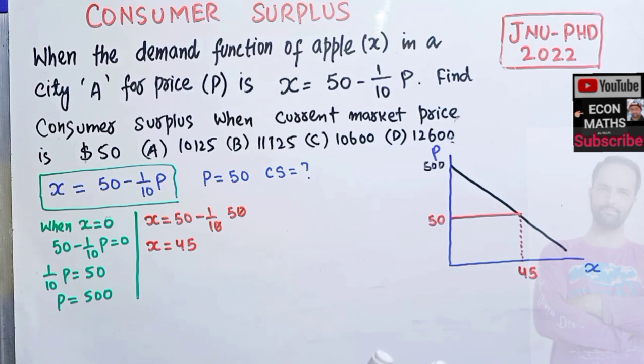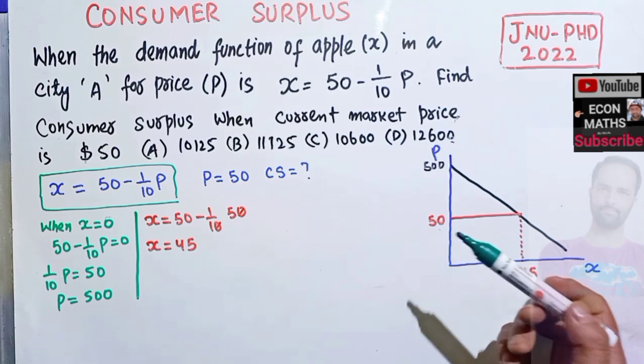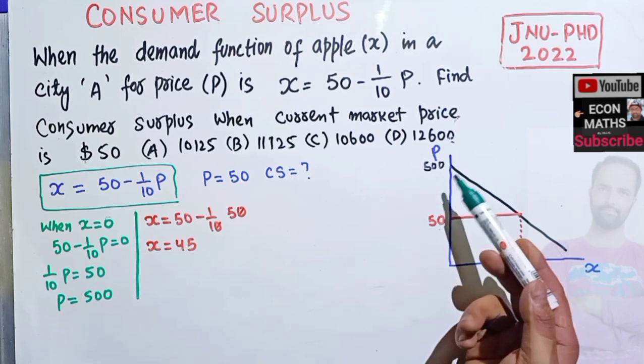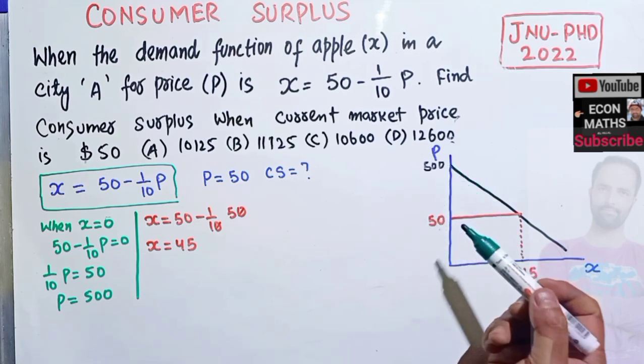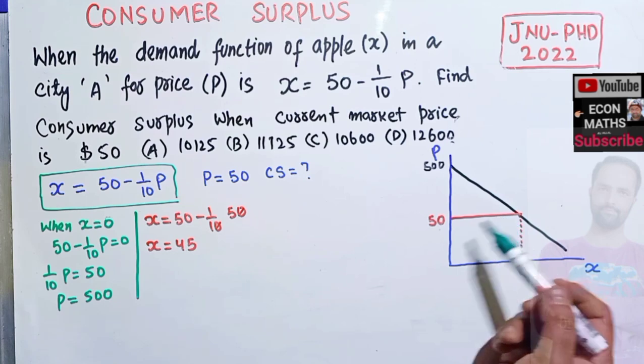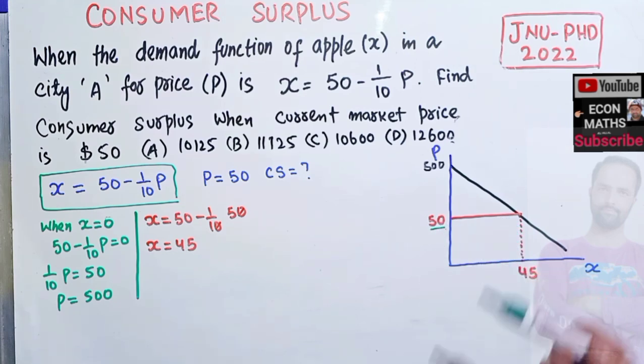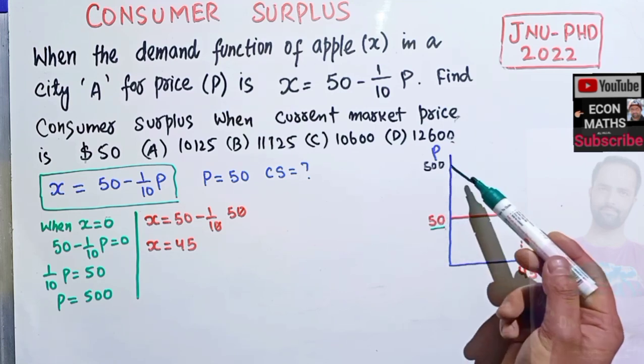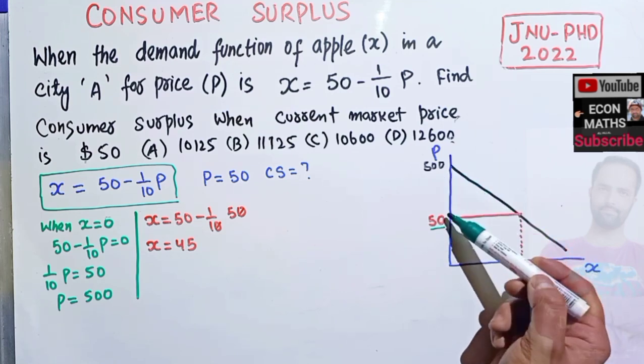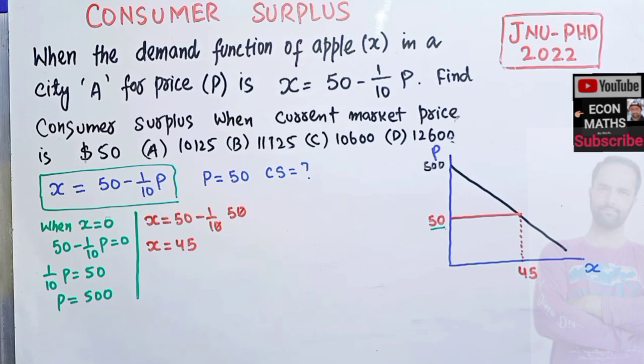Now what is consumer surplus? Consumer surplus is simply the difference between the price that a consumer is willing to pay and the price he actually pays. The price he is actually paying is the current market price. So the area of this triangle gives us the consumer surplus.